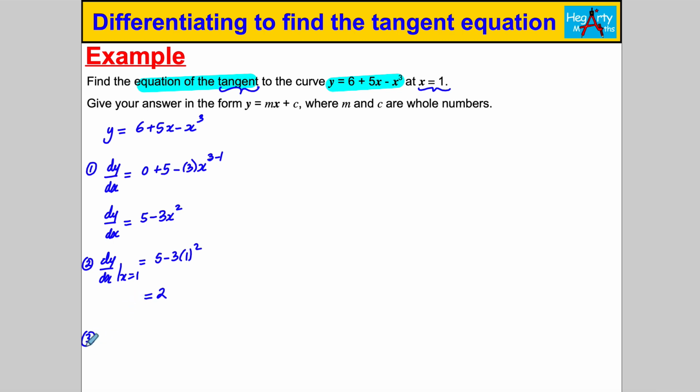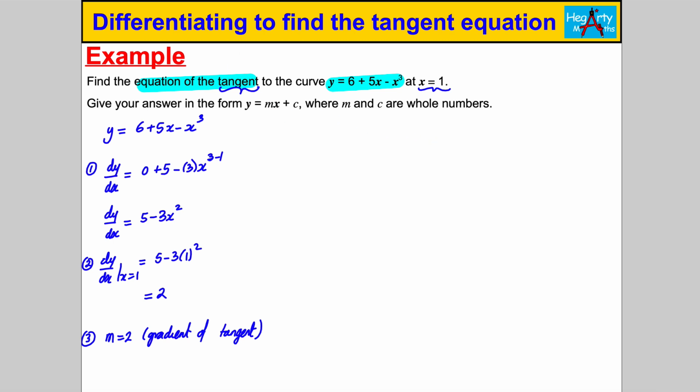I.e., step 3, we can state that m is equal to 2, i.e. the gradient of the tangent, because the gradient of the tangent at the point x is 1 is the same as the gradient of the curve at the point x is 1.